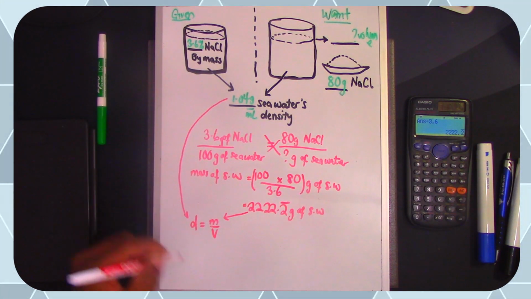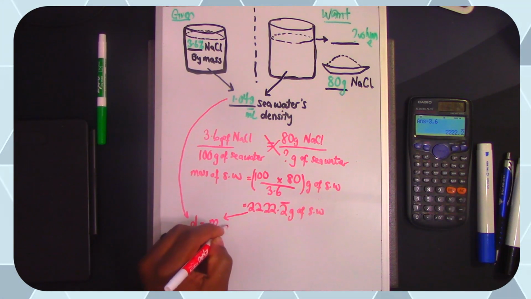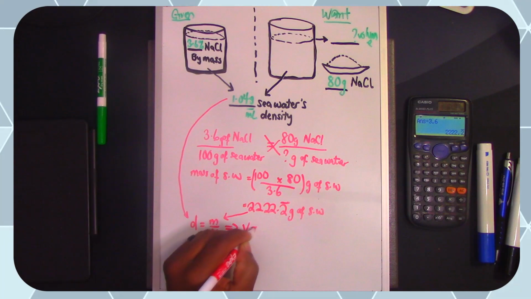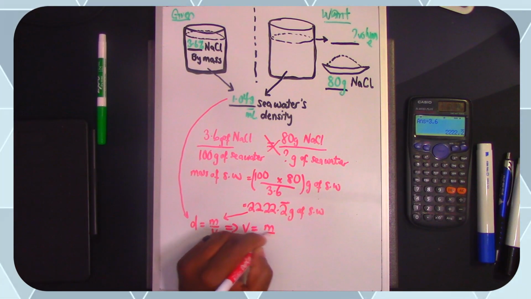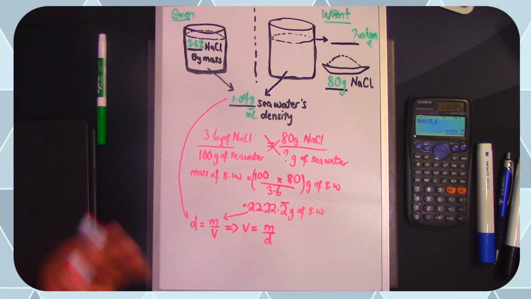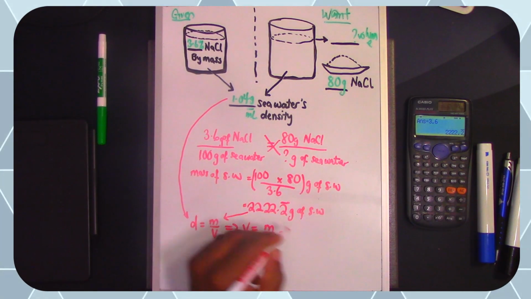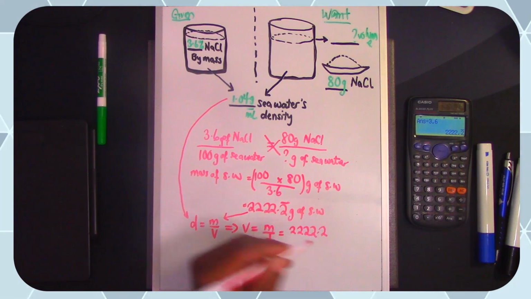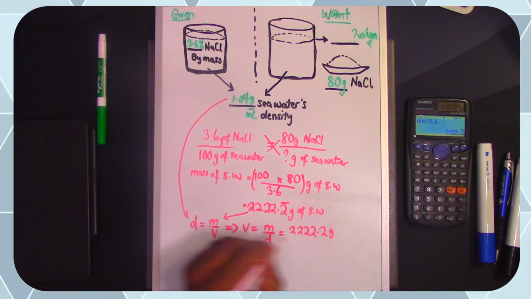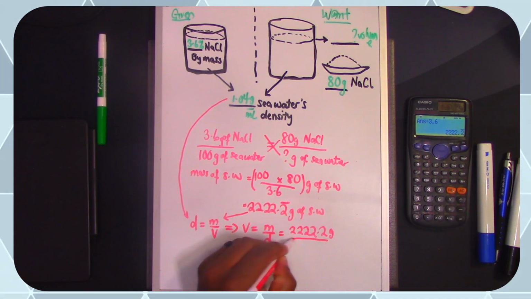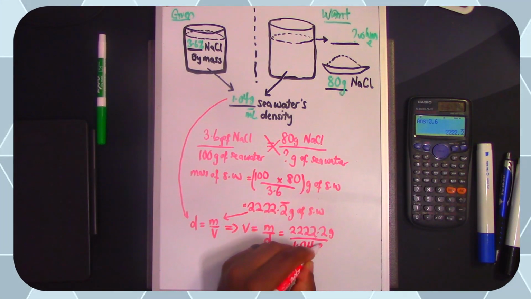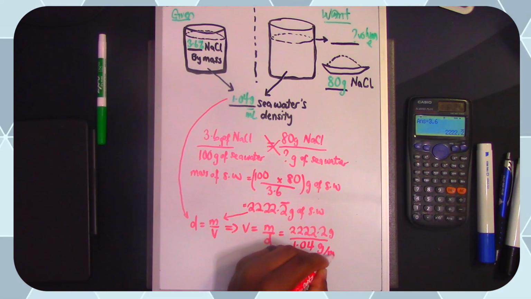We need to determine what the volume is, and this is the same thing as determining the volume to be the mass divided by the density. Therefore our mass, which is 2,222.2, we just stop there, grams, is going to be divided by the density, which is 1.04 grams per milliliter.